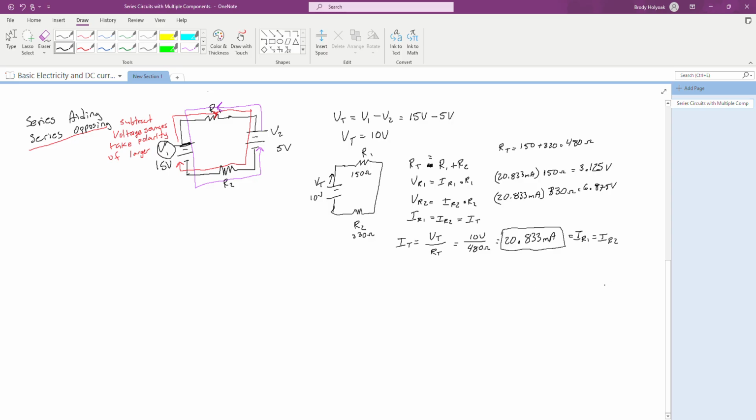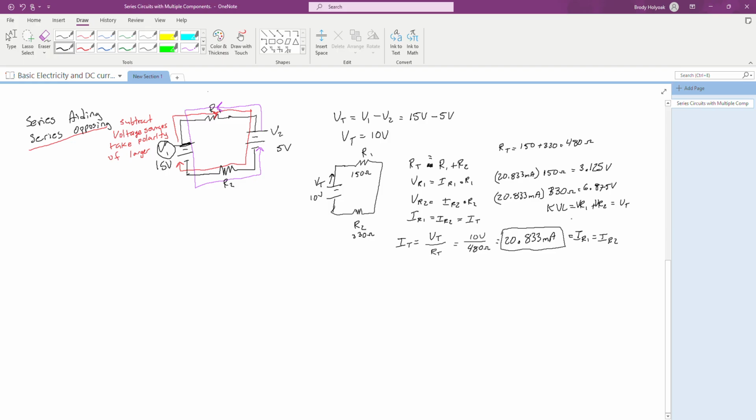And then, following Kirchhoff's voltage loop, R1 and R2 are in series. So their individual voltage drops should equal my voltage total. And if I subtract that out, it should equal 0.